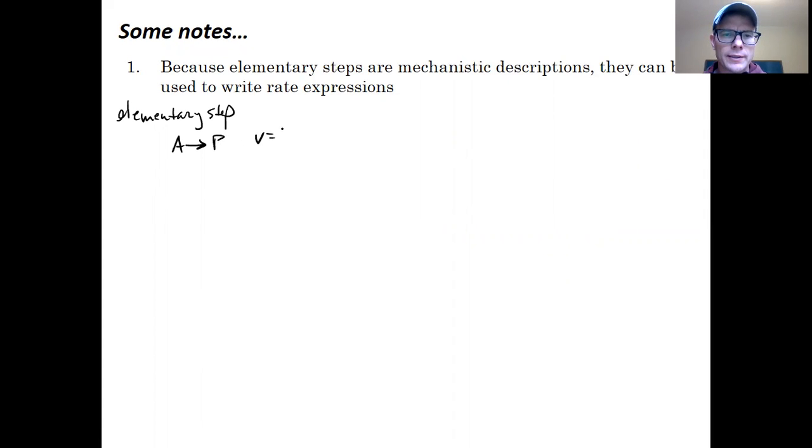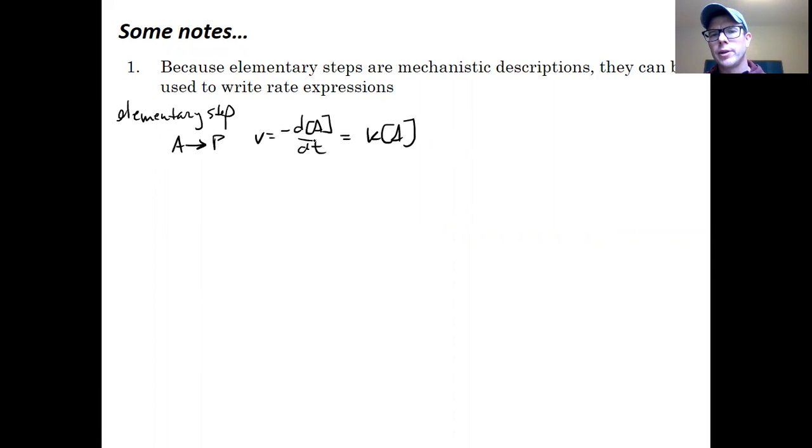The rate for this is minus dA/dt, and that is equal to k times A. Because there's only one molecule involved here, I can write that this is a simple elementary first order rate law. I can write a rate expression for this.